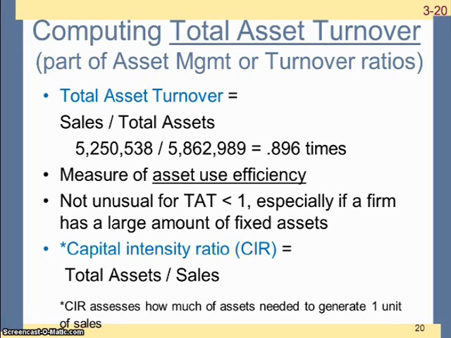Next, capital intensity ratio, CIR. It measures how much a company is invested in total assets compared to how much it is earning in revenue. It is calculated by dividing the value of its total assets in a specific time period by the amount of revenue it has earned in the same period.